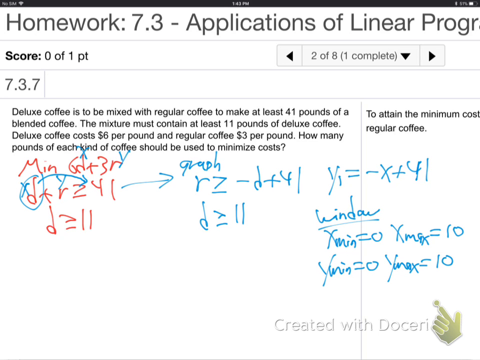But in this case, you're going to have to make your X bigger. You're going to have to make your X go all the way to like 50. Yeah, good idea. 50. Let's do that. And then for the Y, negative X plus 41, graph it. Yeah, 50 is a good way to go.